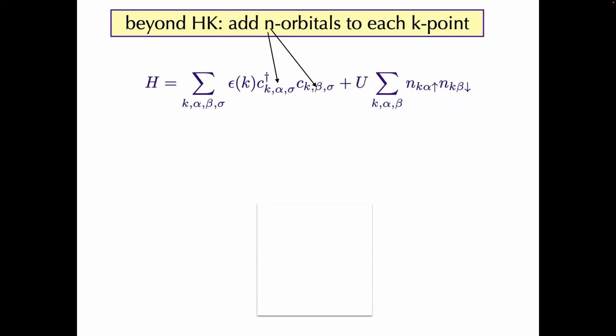And here you have the interaction now between this particular momentum state and this local orbital index and this one. And so with each addition of an orbital, to keep the number of states the same, you have to decrease the size of the Brillouin zone.